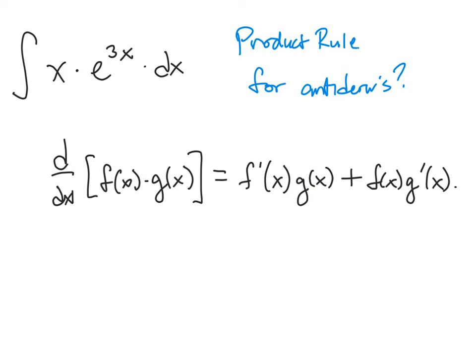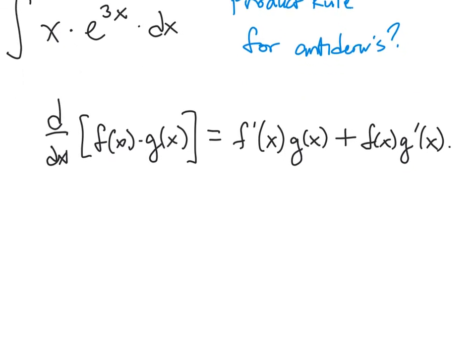Now here's another way of writing the rule that I just wrote down. That's the product rule for derivatives. But if I want a product rule for antiderivatives, then I could say this. I know that the derivative of this is equal to this entire thing here. So another way of saying that is that this function here is an antiderivative for all of this.